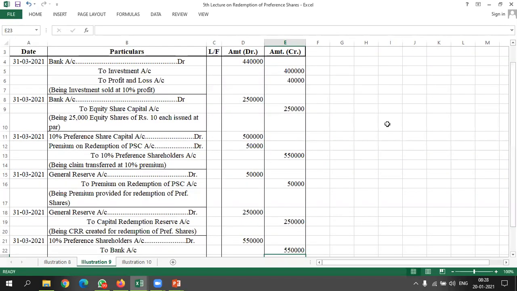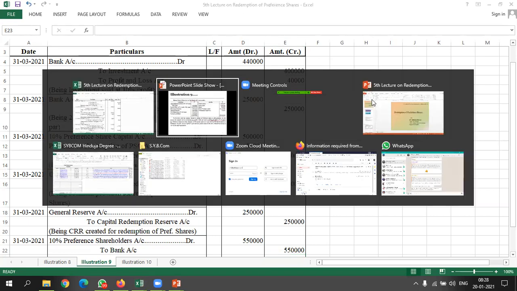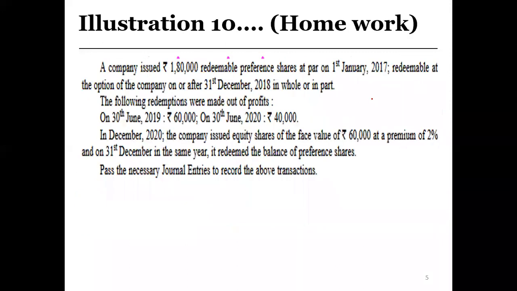Is it clear with everyone? If so, then we will move to next problem. That is a homework problem. I will only explain the problem and you will do it at your home. Let's see. Problem number 10 says a company issued 1,80,000 redeemable preference shares at par on 1st Jan 2017, redeemable at the option of the company on or after 31st December 2018 in whole or in part. वो कह रहा है क्या तो एक साथ कर दो क्या पार्ट में करो.